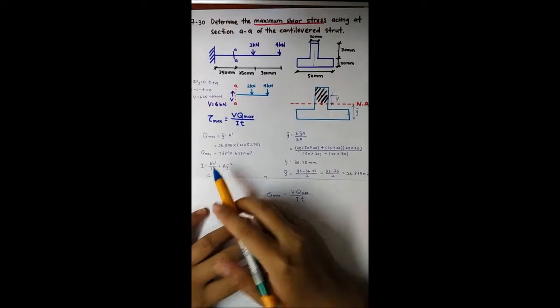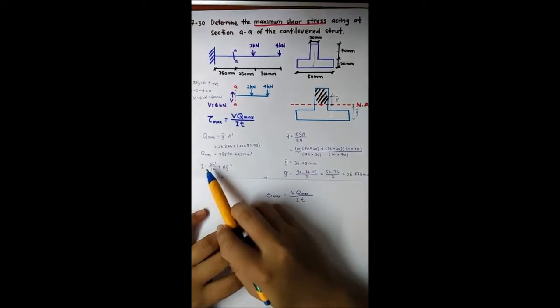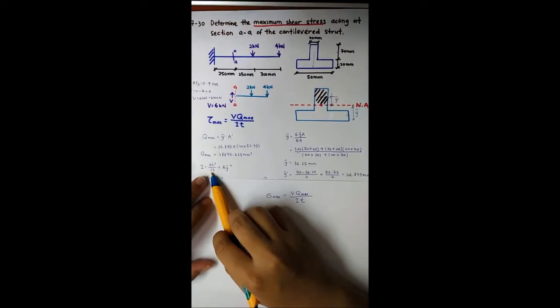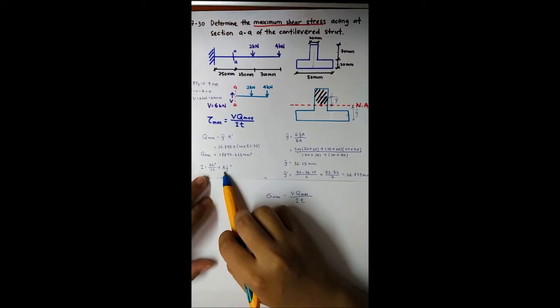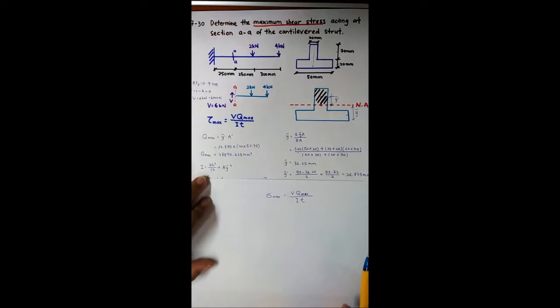Next, we have to find the value of I, moment of inertia. The equation given is BH to the power of 3 over 12 plus A y bar to the power of 2.